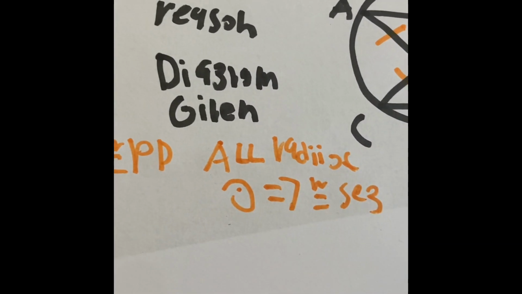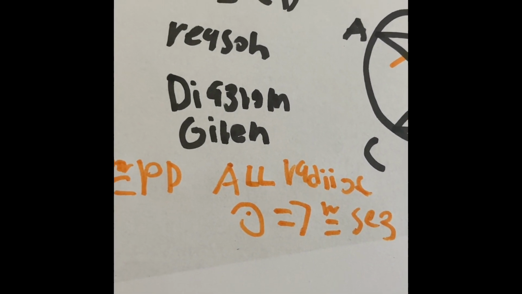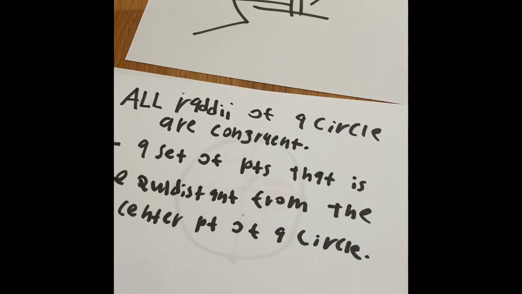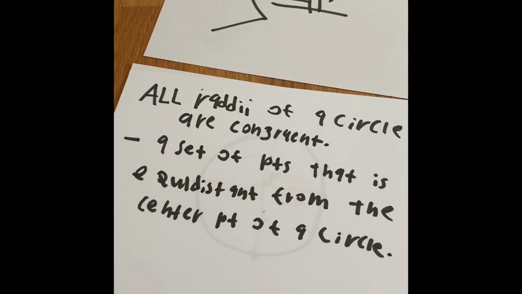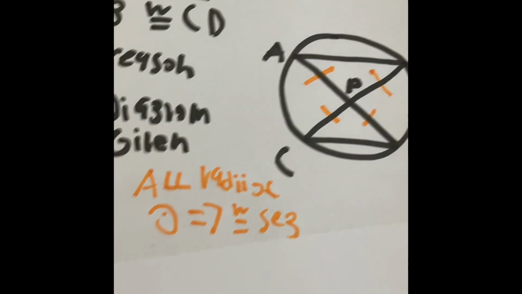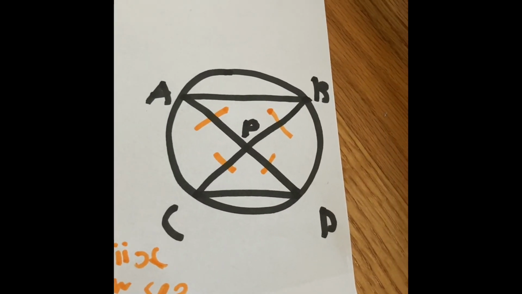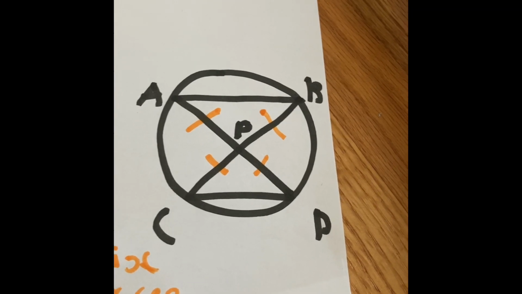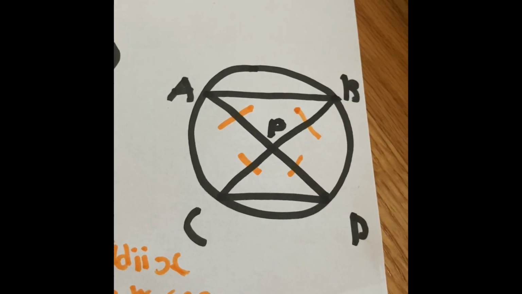That is a very long property. There's no official one-word name for it, like addition, subtraction, transitive, or substitution. So if we know that all those are congruent, then what else can we conclude?